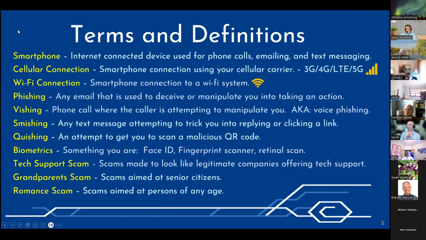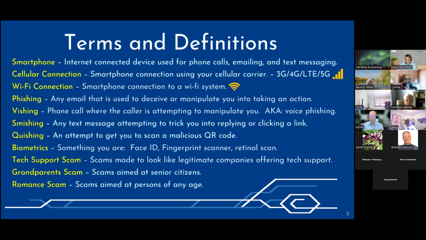Now, here's the terms and definitions we were talking about. There's a lot here. Again, these are going to be the handout. You want to get familiar with these so you understand these terms if you see them in the news or if you hear them in conversation: smartphone, cellular connection, Wi-Fi connection, phishing, vishing, smishing, quishing. Sounded like I practiced that a few times to be able to fire those off that quickly.